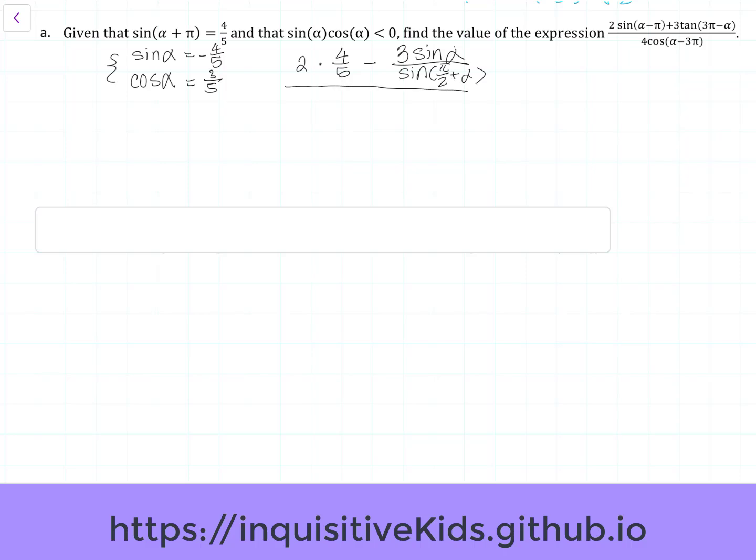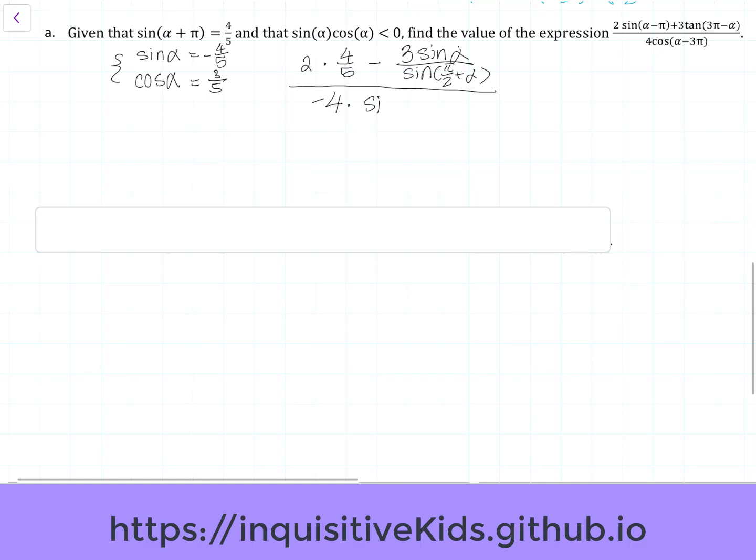And on the denominator, if we were to convert cosine into sine, we have negative 4 times sine of pi over 2 plus alpha. And as you can see on the bottom, sine of pi over 2 plus alpha is the same thing as cosine of alpha.